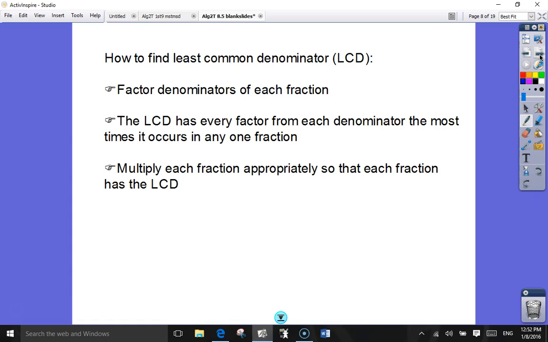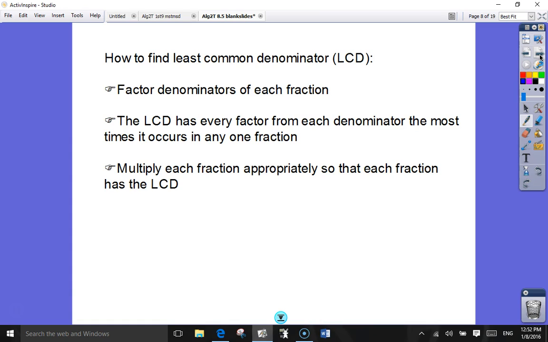So, for example, if one fraction has x plus 3 and the other fraction is x plus 3 squared, then the common denominator has to have x plus 3 squared. It has to have it the most times you see it in any one particular denominator. You don't say x plus 3 is once there and twice there, so there it's 3 times. It doesn't add. Just look for whichever fraction has it the most times. That's how many times it's in the least common denominator.